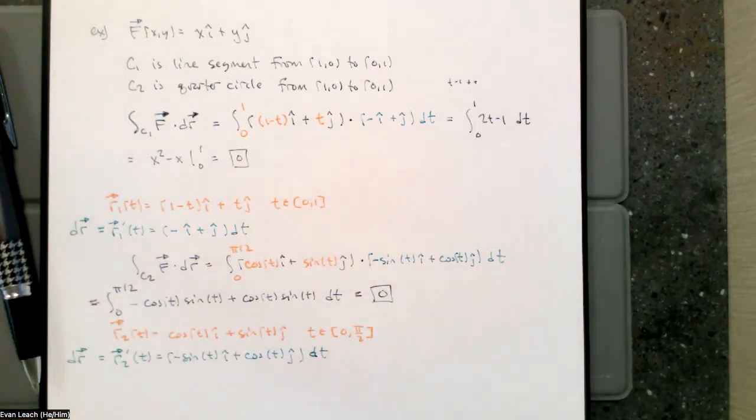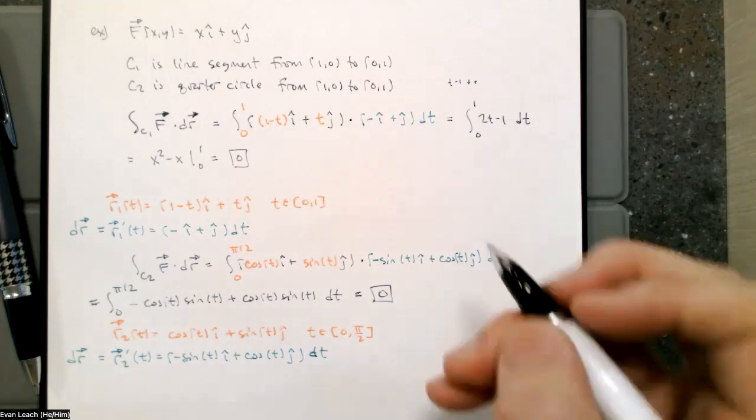So in this example, we calculated the line integral of the vector field along two different paths, but we got the same results. So that's what we want to point out here. Before, we integrated along two different paths and got different results. Here, we integrated along two different paths and got the same result.